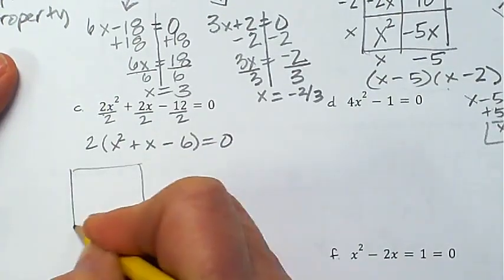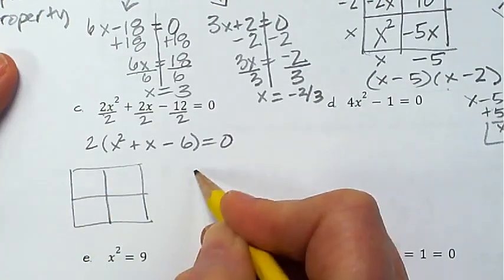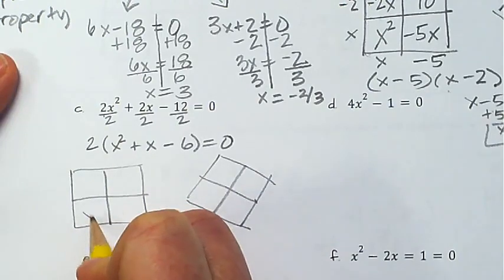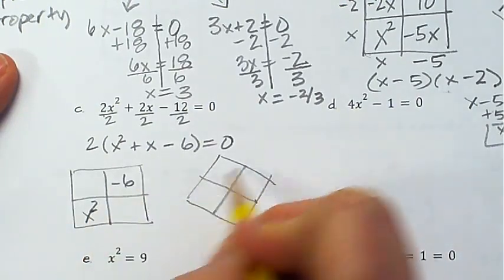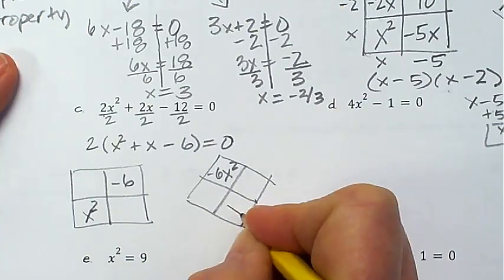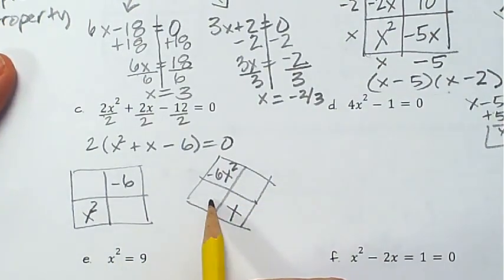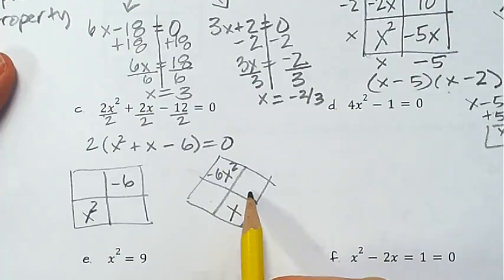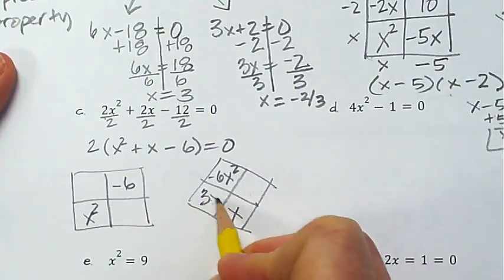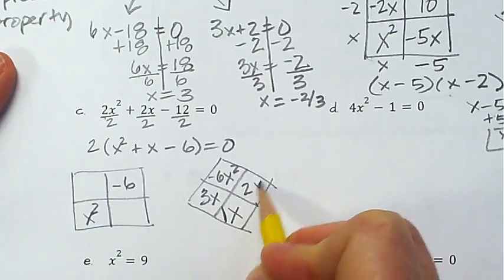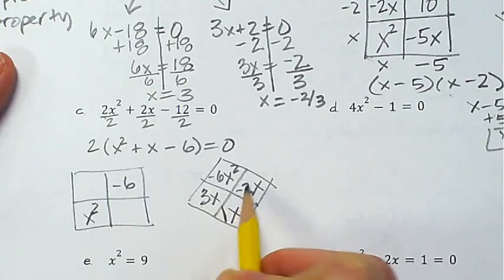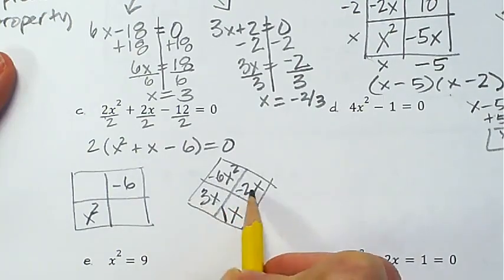So let's draw a little area model and diamond. So negative 6x squared on top, positive x on the bottom. So I'm looking for factors of negative 6 that add up to positive 1. So that's going to be 3x and 2x, and I'm going to make the 3 positive and the 2 negative so that when they multiply I get negative 6, and when I add I get positive 1.